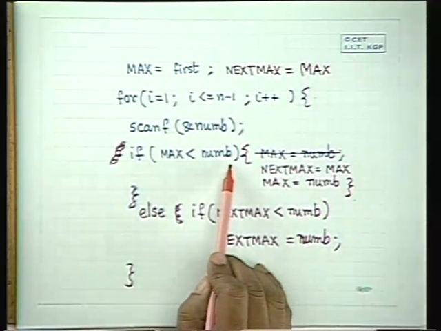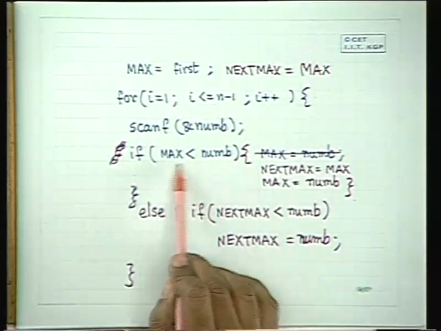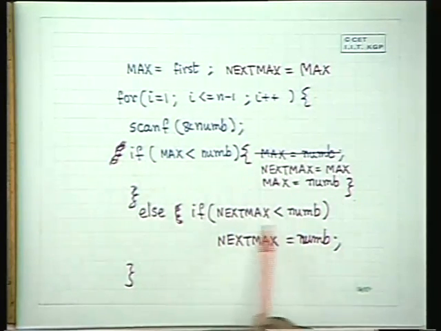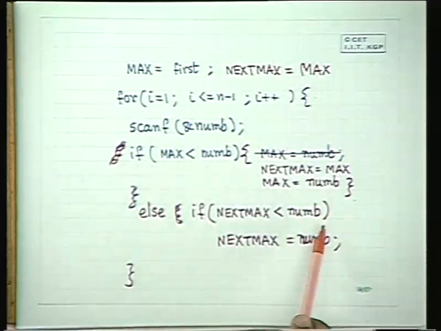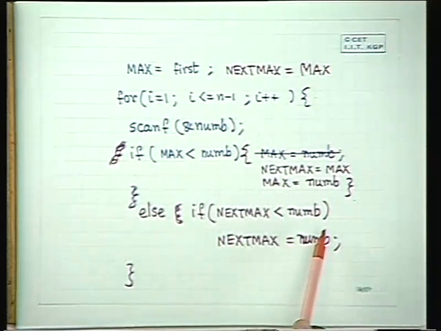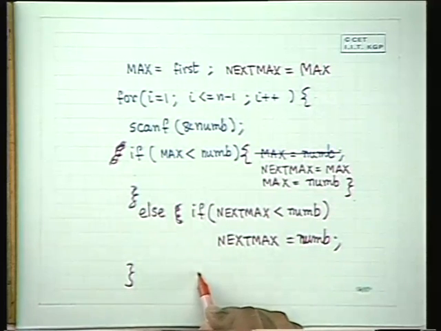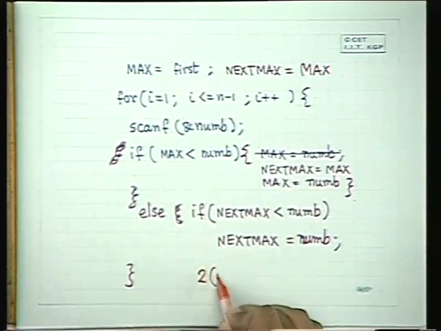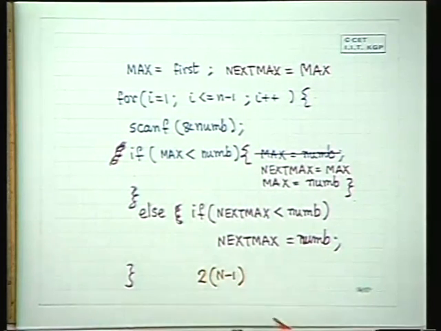This comparison will work, and in the worst case you have to do both comparisons, because both may fail. So you will end up doing something like 2 into n minus 1 or 2 into n minus 2 comparisons for finding the maximum and second maximum of n numbers.